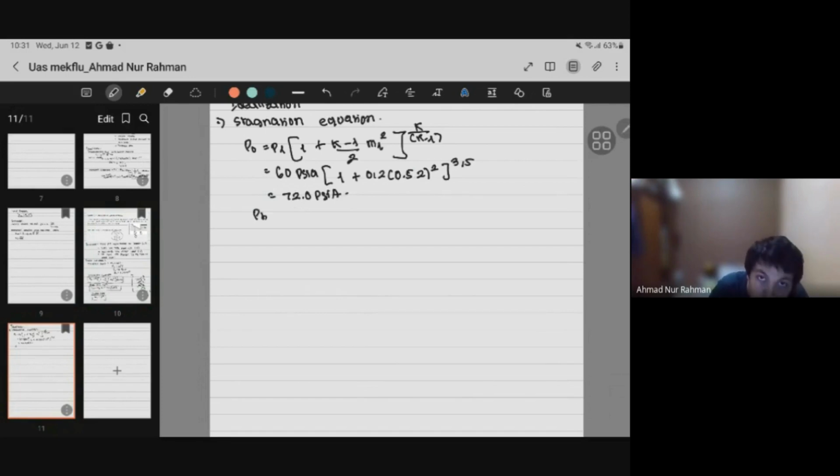So Pb per P0 equals 30 divided by 72. So we have 0.417. It's less than 0.528.